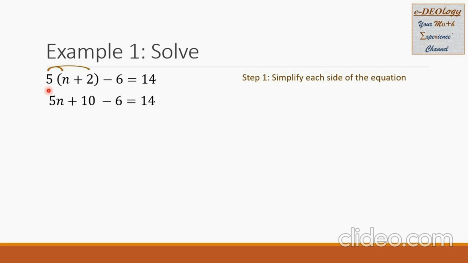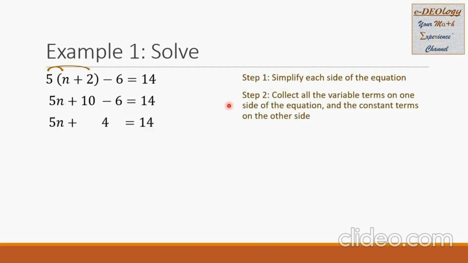The 5 is to be multiplied to the binomial, so 5 times n is 5n, 5 times 2 is positive 10, and then we copy the -6 here, and then equal to 14. Let us simplify the 10 minus 6, it becomes 4, then we copy the 5n, and the equals 14.